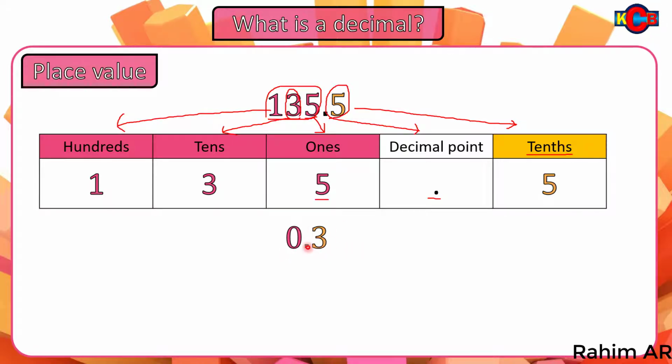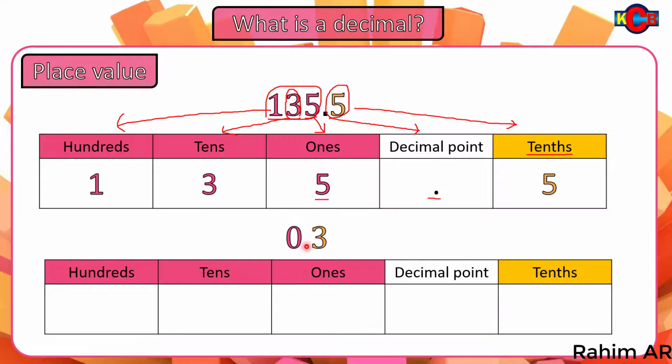Okay, so before the decimal point here, the place value for 0 here is 1s. We can just directly see that before the decimal point, the place value is 1s. Next, this is the decimal point.